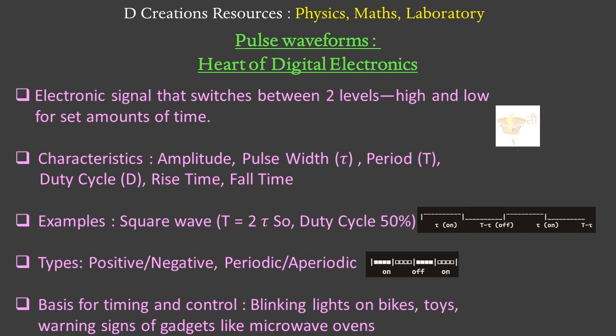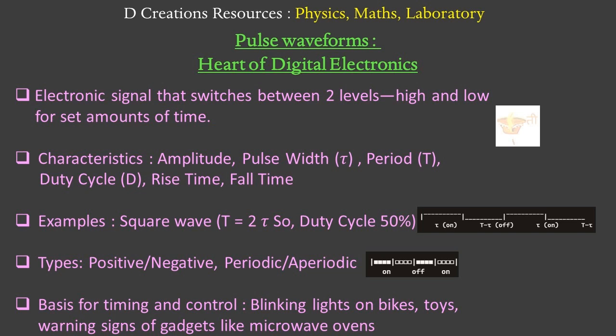And the pulses can be periodic as well as aperiodic. When you say periodic pulses, they repeat identically every T seconds. If you recall, T is the period. They are useful for, say, LED blinkers or clock signals, etc. While the aperiodic pulses occur irregularly or on demand.